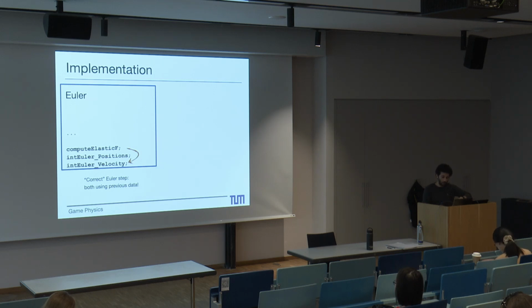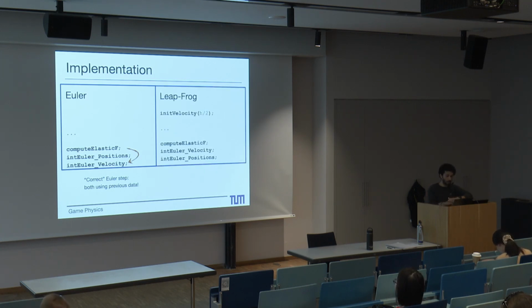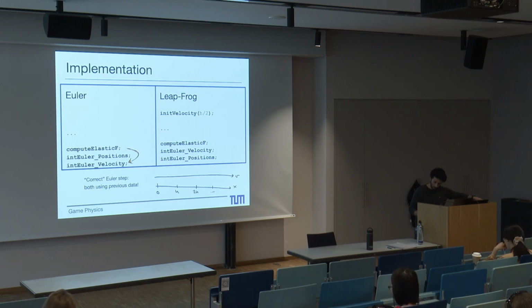In the leapfrog, you can see in the previous step, we first compute the velocity and then use it to compute the position. So what is happening is that we are actually computing the two variables at somewhat different times. So if this is x and this is v, this is the stepping at every h. So this is 0, this is h, 2h, and so on and so forth.